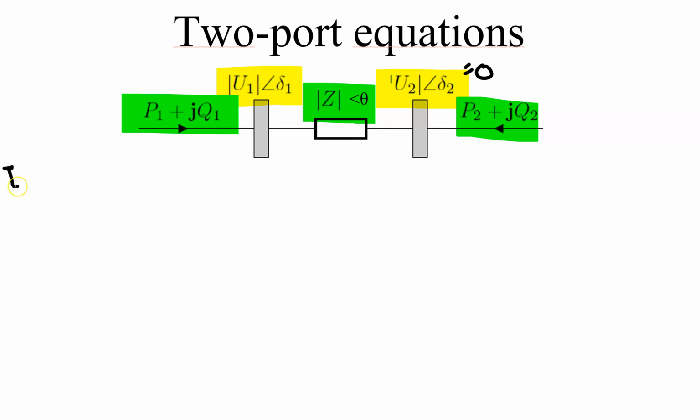So if we have an expression for the current, I equals V1 at angle delta minus V2 at 0 degrees, with the impedance Z at angle theta below.